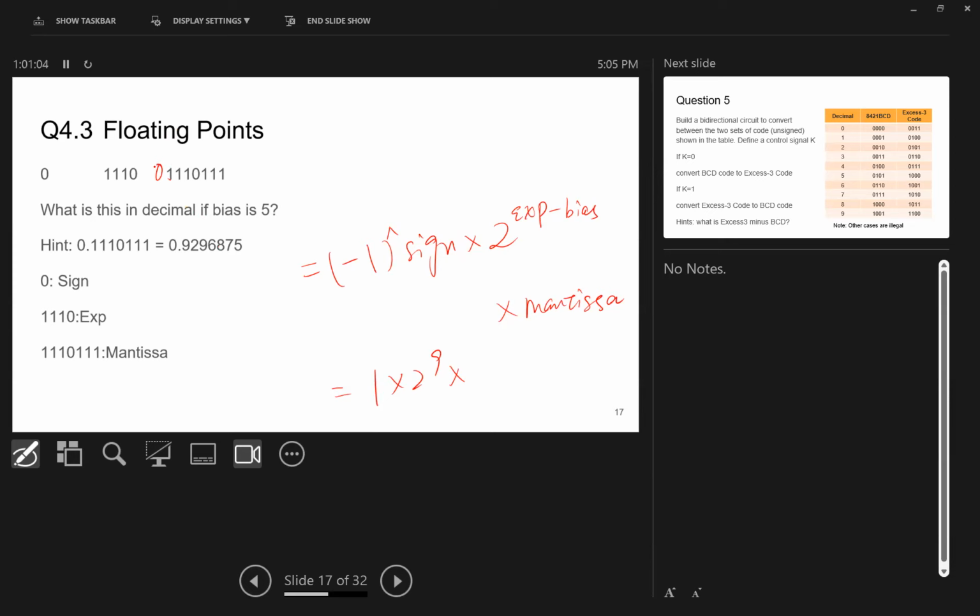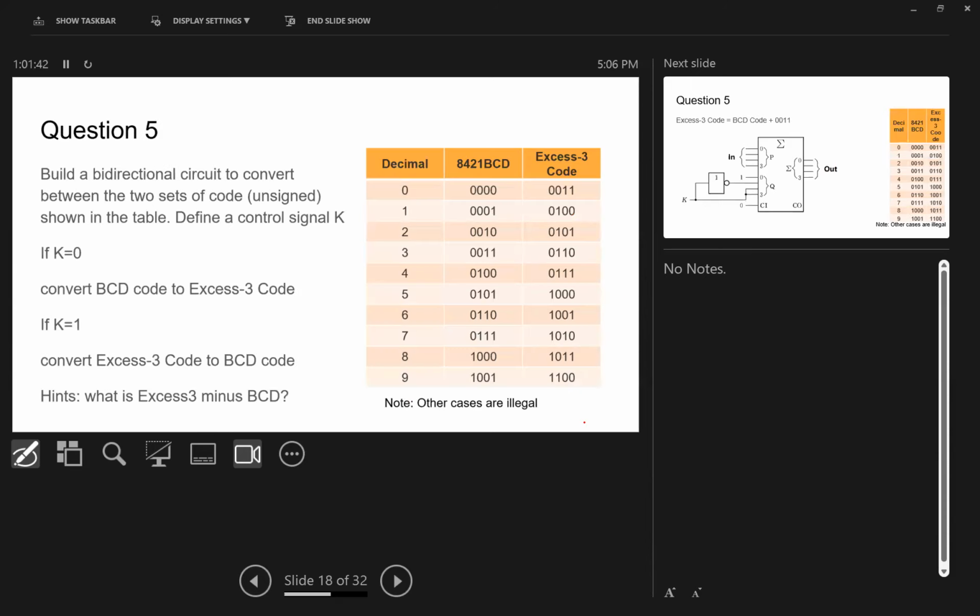Mantissa is the part after the integer part, namely the fraction part. So we can treat it as 0.1111011, right? Then we just do multiplications to get our final result. That's how we transform a floating point to decimal numbers. And that's it.